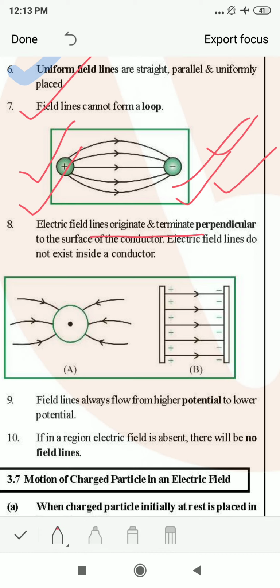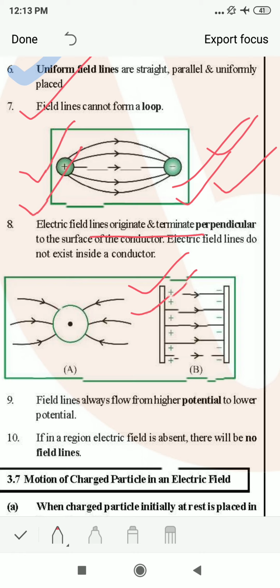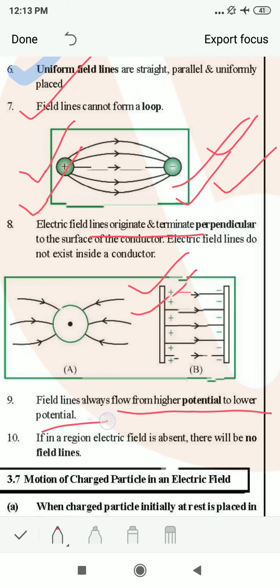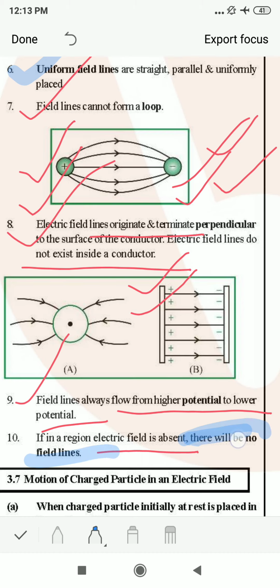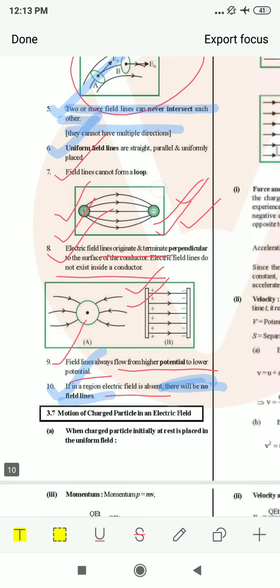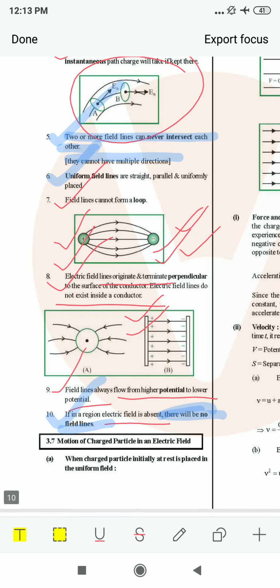And the next property is field lines always flow from higher potential to lower potential. In a region where electric field is absent, there will be no electric field lines. Hope it is clear. So these were the properties of electric field lines. The next topic we will continue in the next class.